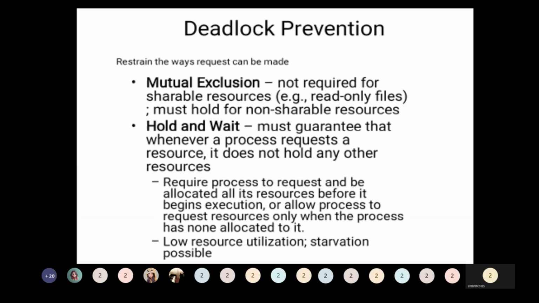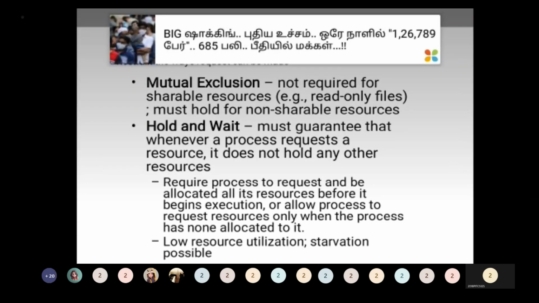This is what we call hold and wait. So require a process to request and be allocated all its resources before it begins execution. A process P1 can begin its execution only when all the necessary resources are available. That way we are preventing the hold and wait condition.